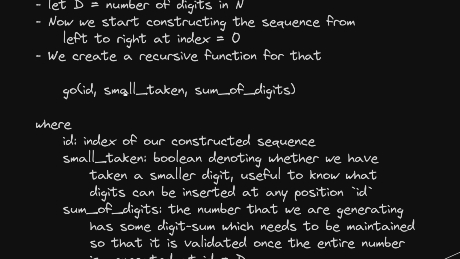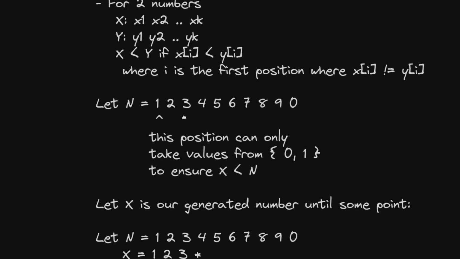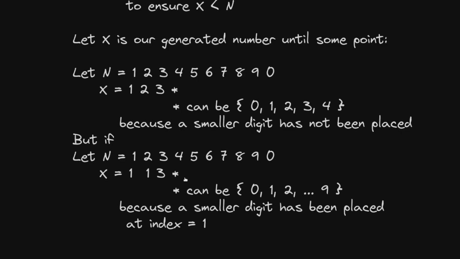going to denote whether we have already taken a smaller digit at a corresponding position, which is going to help us in resolving this condition. So if our recursive function is at the state where we are currently at a star, then small taken will be true, because at this position a smaller digit was inserted in x.